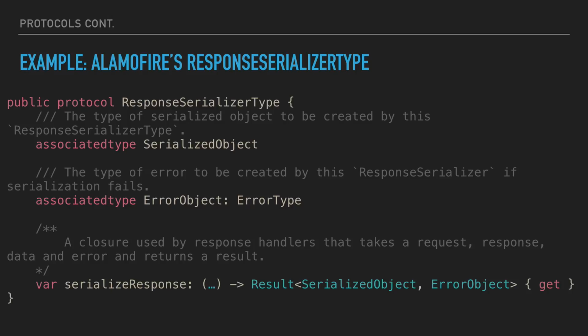Another example of a protocol, this time one that uses associated types, is Alamofire's response serializer type that I'd already mentioned. And as you can see here, it defines two associated types, SerializedObject and ErrorObject, which conforms to ErrorType. And like I said, this allows the protocol to convey type information around to any user of this protocol. And then the only other requirement of this protocol is that you have the serializedResponse method that returns a result that contains the serialized object and error object.